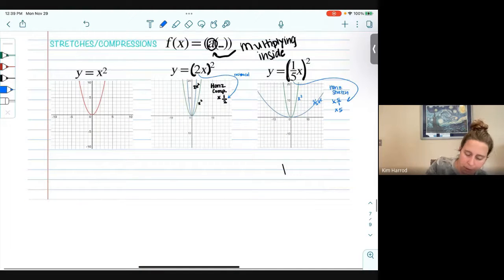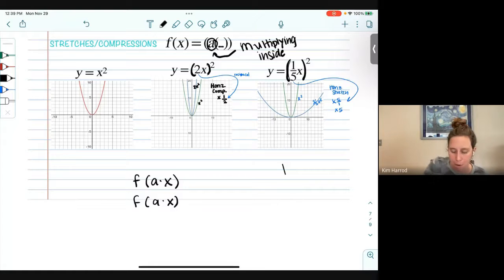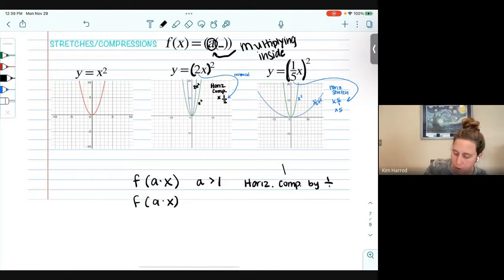So as a summary, here are our horizontal stretches and compressions. When the number is bigger than 1, like the 2x squared example, this gets described as a horizontal compression by 1 over a, the reciprocal.